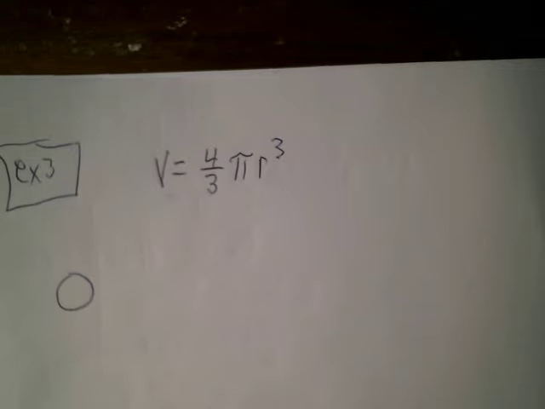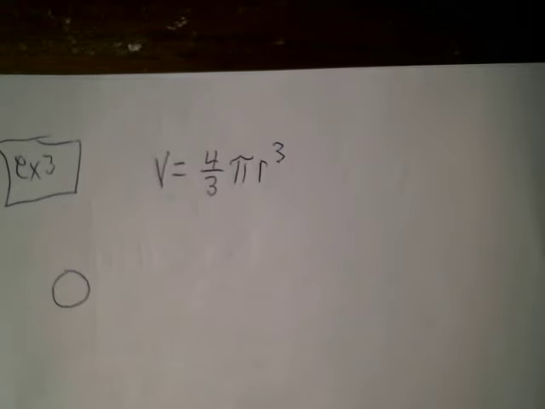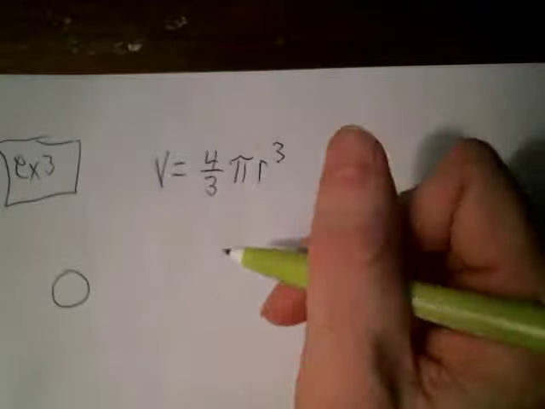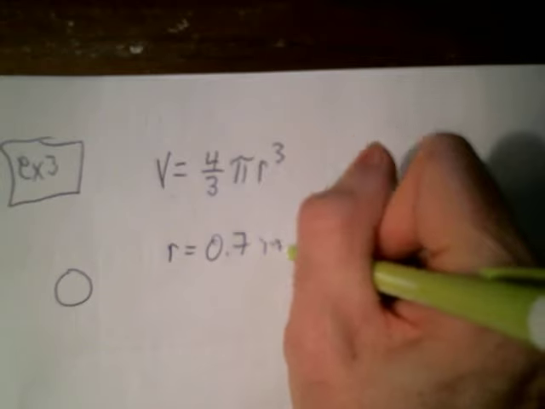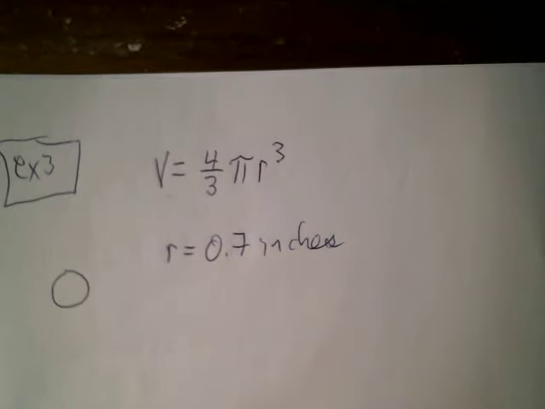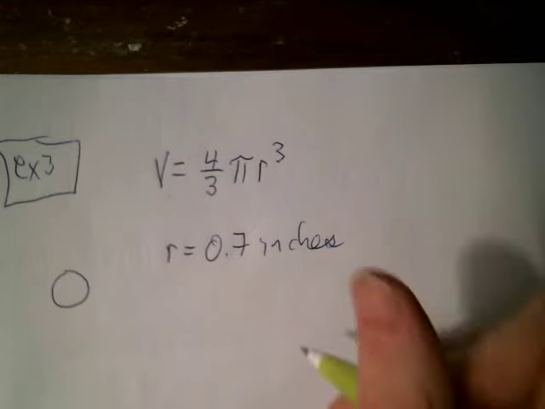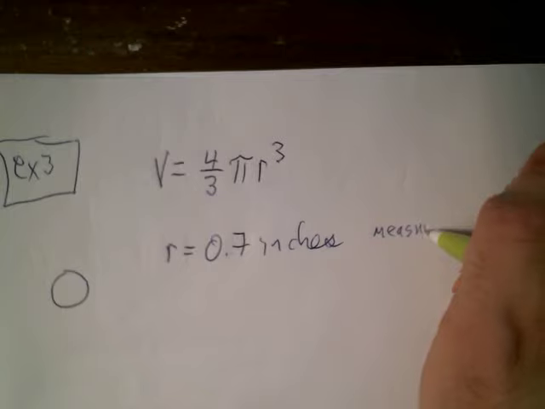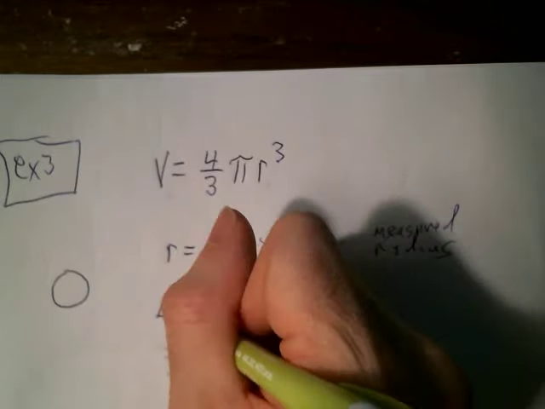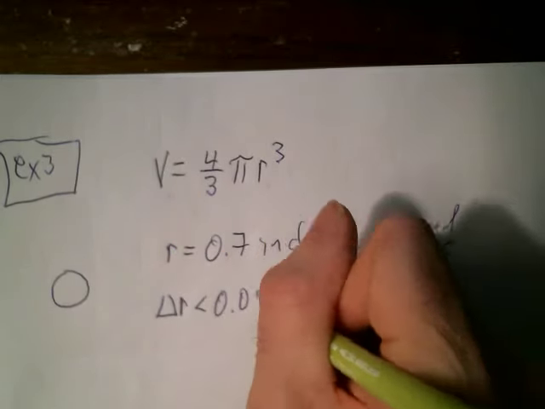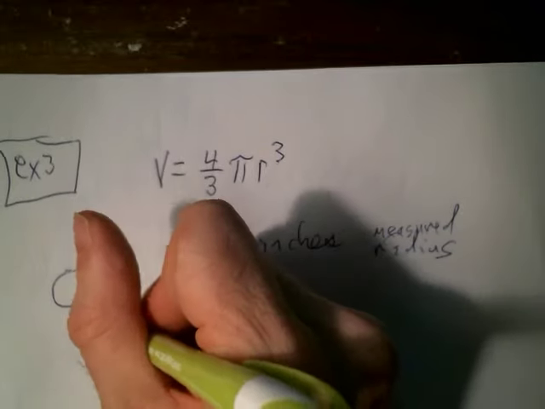They're telling us the measured radius of the ball bearing is 0.7 inches. And that the measurement is correct to 0.01 inch. Okay, so this is the measured radius. And then there's this delta r, which is in between 0.01 and negative 0.01.